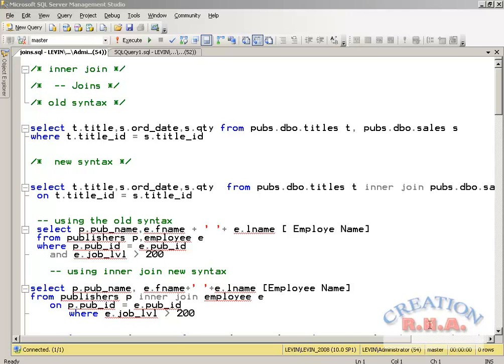Now the question is, how do you actually get the information? You get the information in a few ways. One is to use a select, but you cannot use a plain select because the information is in different tables. So you use a select with a join. You can use a subquery.